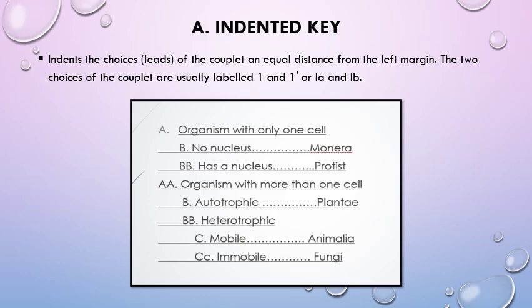But in the indented key, when we are writing our couplets, then we indent the couplet from the left hand margin. As you can see, this B, the second couplet, is indented from the left hand margin, and the purpose of the indentation is to highlight the key and the couplets.